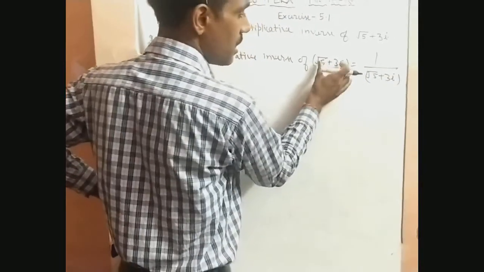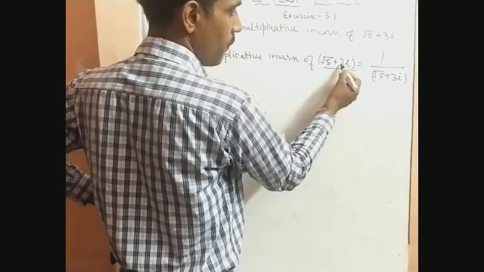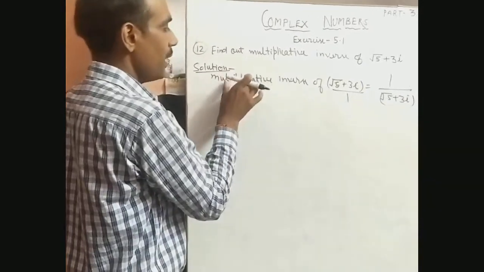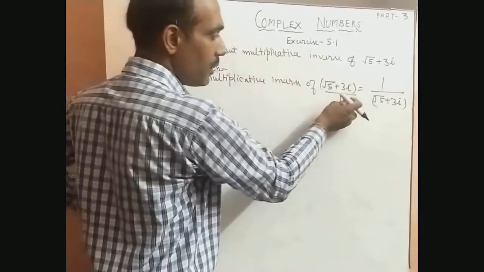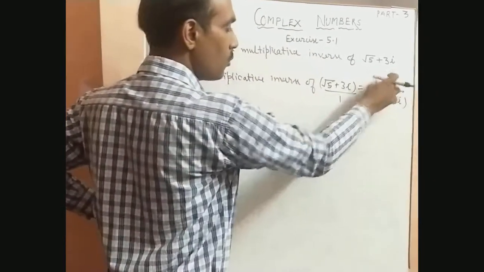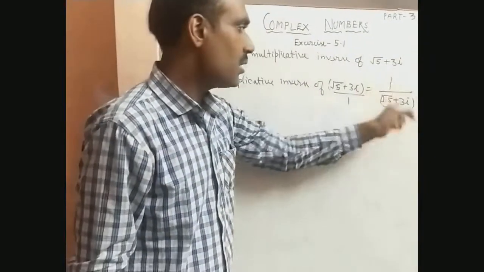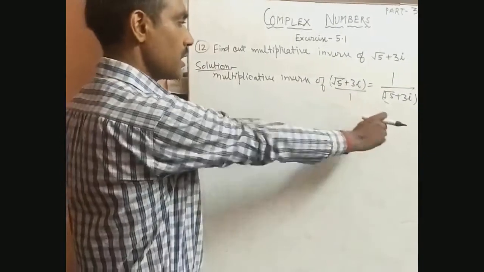And when the question is to find the multiplicative inverse, we convert denominator into numerator and numerator into denominator. This is the multiplicative inverse of this.